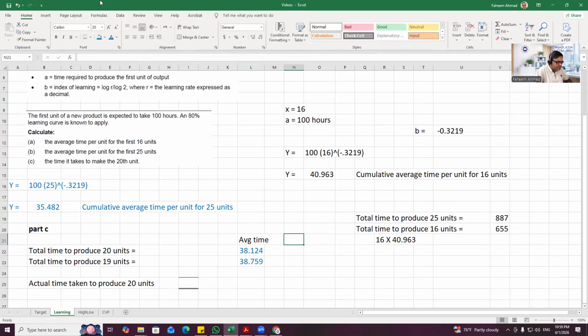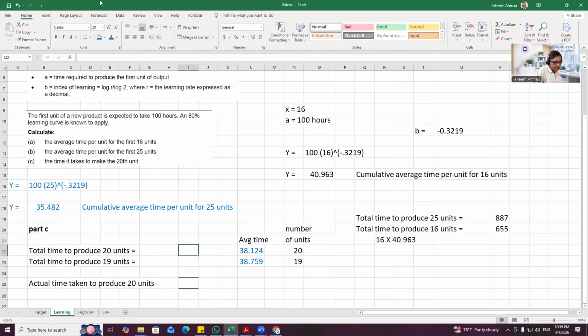Now I'm going to multiply this with number of units. So number of units are 20 and 19.